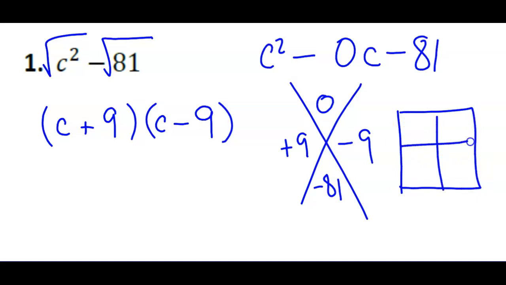And then you would make sure you've got negative 81 here, C squared here, and your plus 9C and your minus 9C. When you add those together, they're going to cancel out. So you'd get C squared minus 81. Okay? But again, you don't have to do this if you understand the rule.